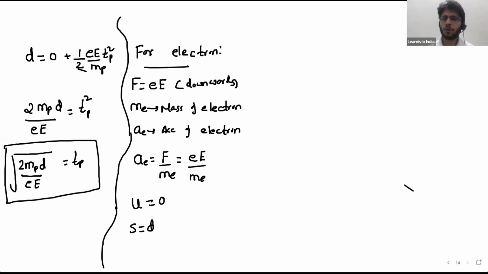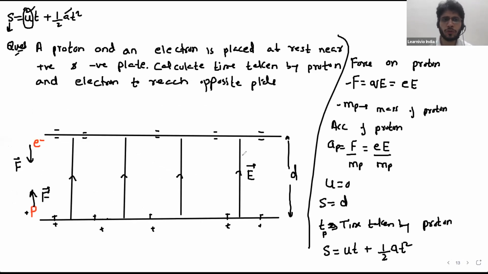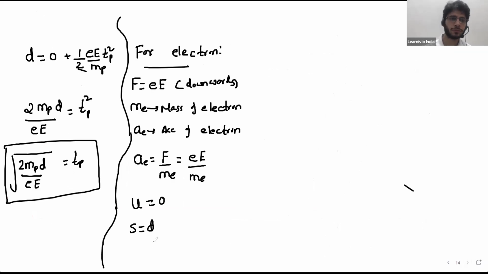The initial velocity of electron is 0. Displacement covered by electron is also d because it's moving from this plate to this plate. Time taken by electron is t_e. I can use this equation again, s = ut + half a t square.